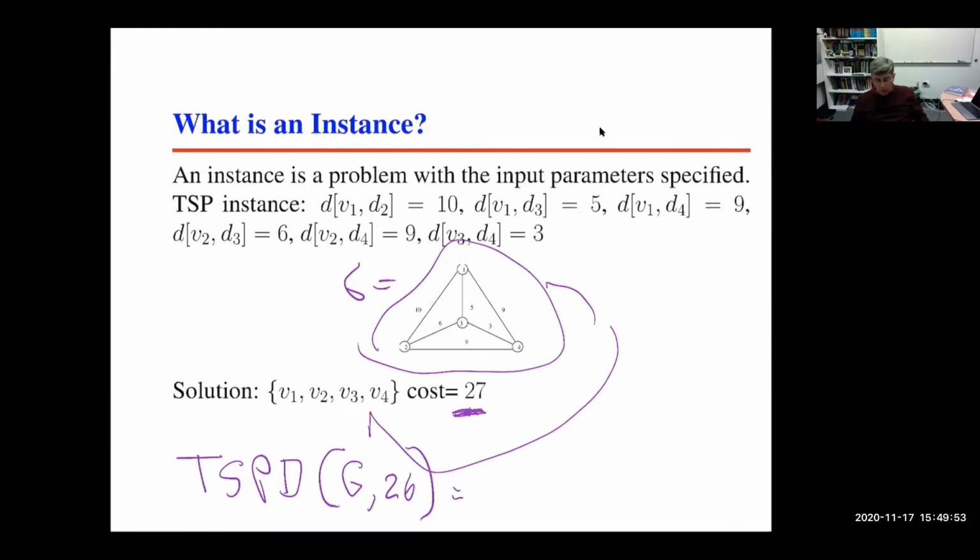The answer is no. If the optimum was 27, the answer was false. If I ask, is there a traveling salesman tour of size 27 or less? The answer would be true.